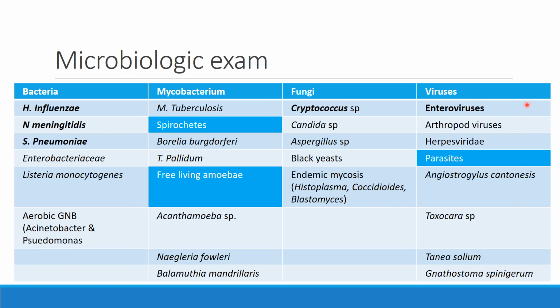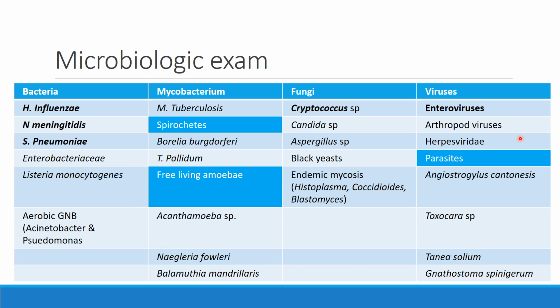For the viruses, the most common will be the enteroviruses, but there are a ton of viruses that cause encephalitis, such as St. Louis encephalitis. A lot of them are arthropod-borne, so mosquitoes, ticks, that kind of stuff. And then, of course, we have herpes virus.